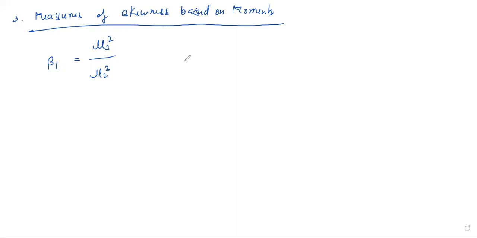See what? Mu3 may take any value, whether it is positive, equal to 0, or negative, less than 0. But when we are squaring it, it is greater than or equal to 0, meaning the negative value would become positive. And second, mu2 is always greater than or equal to 0, but here it must be greater than 0, else this relationship does not exist.